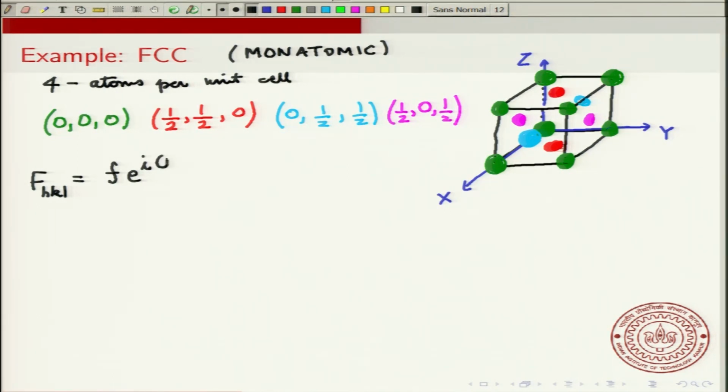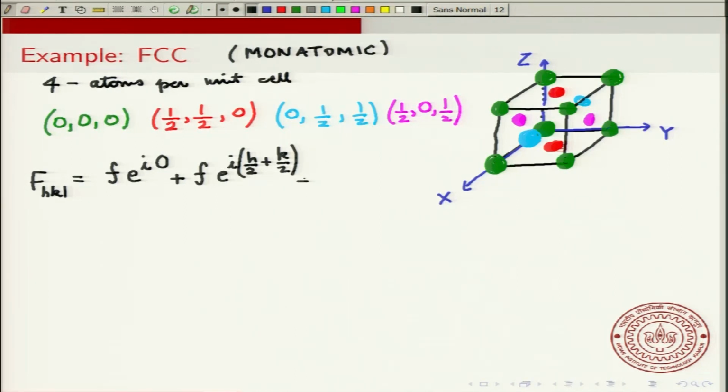Delta is 0, okay, plus f e to the I. Now, the phase difference for this is half h by 2 plus k by 2.